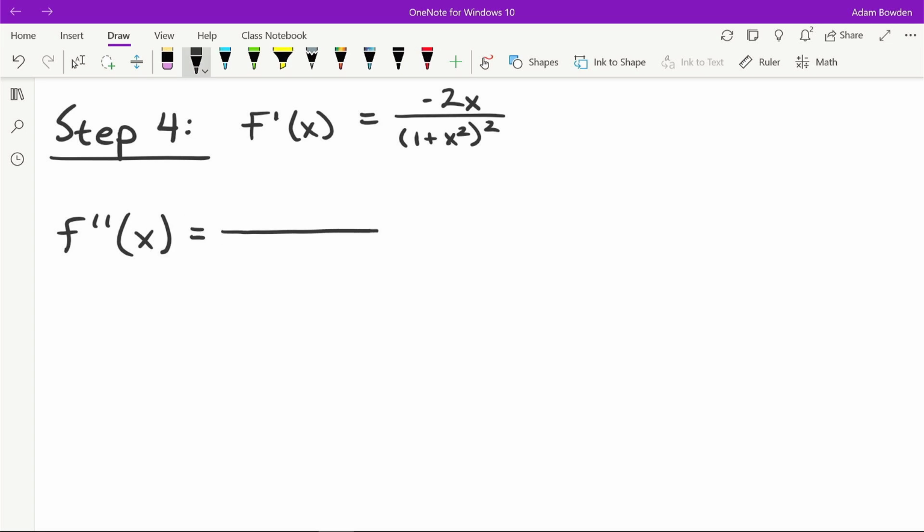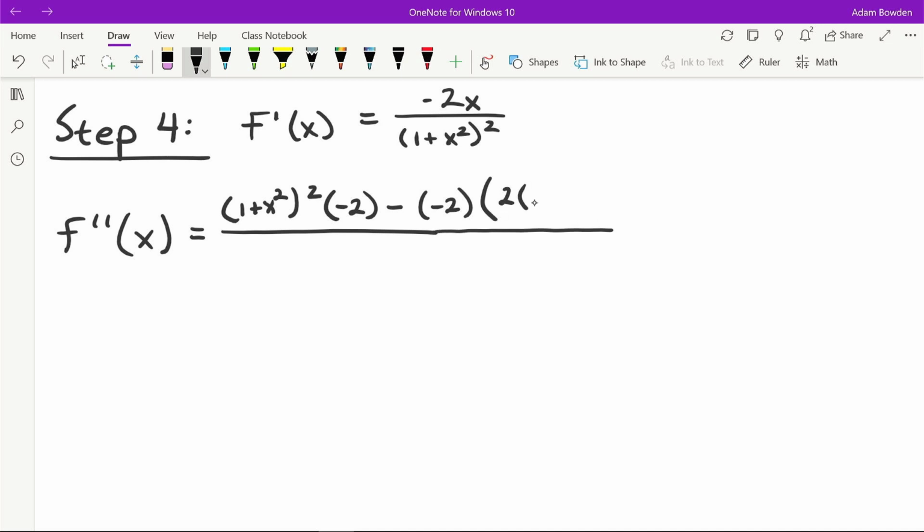So we're going to go low, 1 plus x squared in parentheses all squared, d high. Thankfully d high isn't anything too crazy, it's just -2. So low d high minus high, -2x d low. Now d low is going to be 2 parentheses 1 plus x squared raised to the first power times 2x.